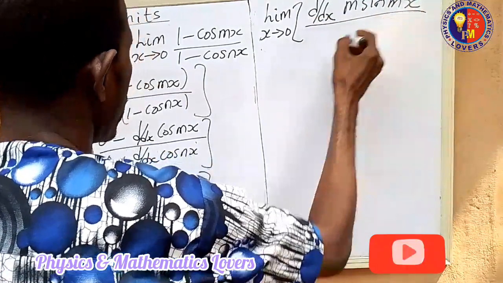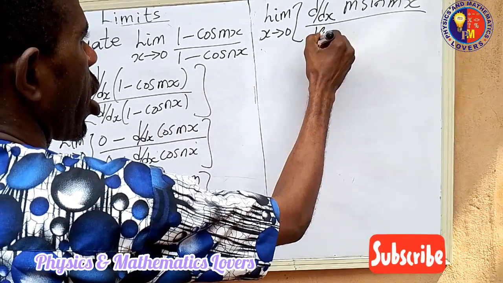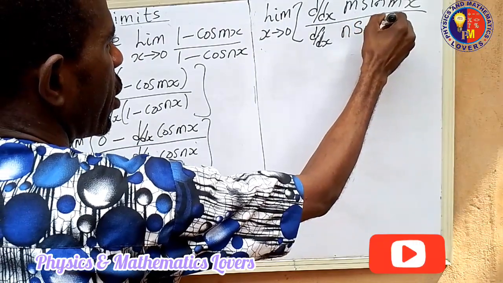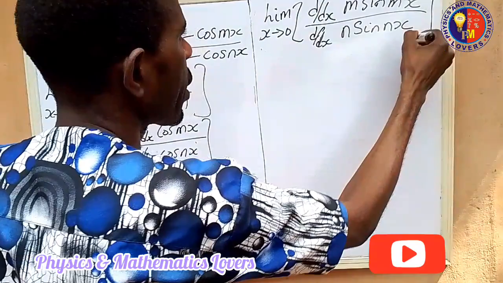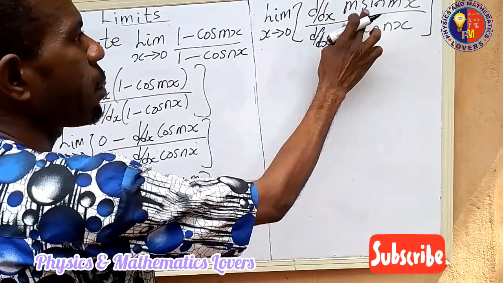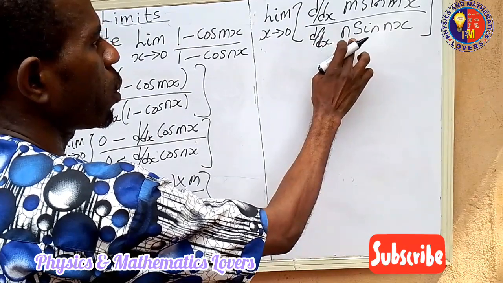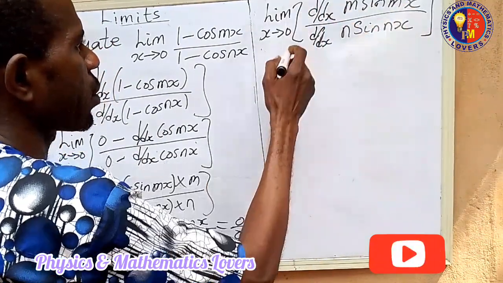Then the same thing, also differentiate with respect to this one. We have the derivative of what? N sine nx. So it's now at this point, so we have to differentiate what? M sine mx. Then all over what? This also differentiate this one, n sine what? Nx. So this one is a constant here. Let's bring it out.